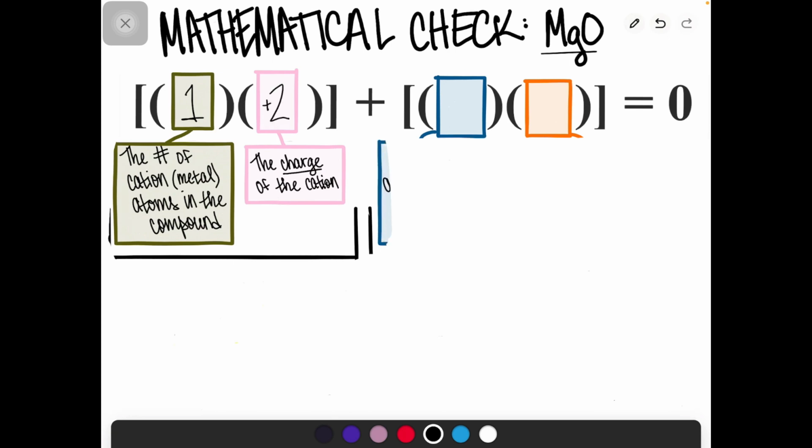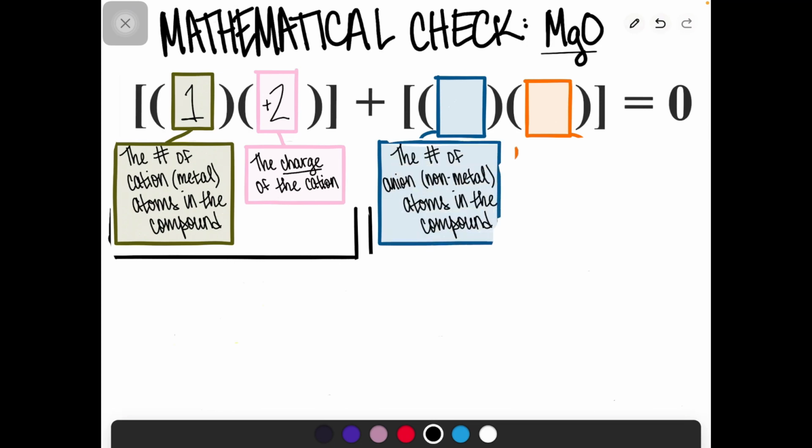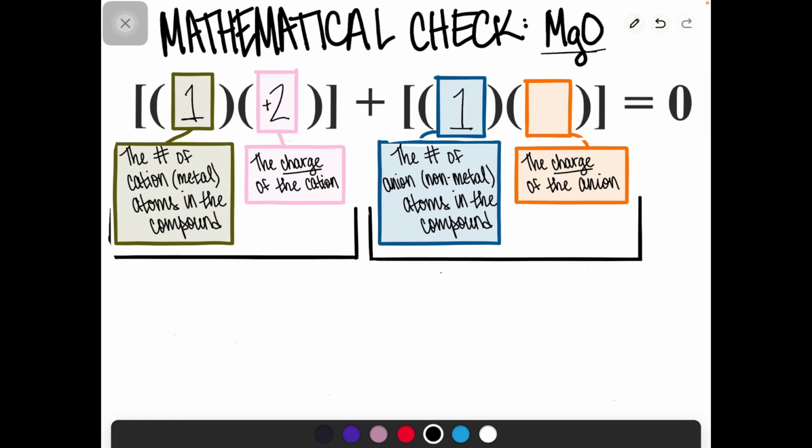Okay, next I'm going to add that to the number of my anions, which is also going to be 1, and the charge of the anion, which is going to be -2. Okay? This should give me 0, right? If I take this, I'm going to get +2.